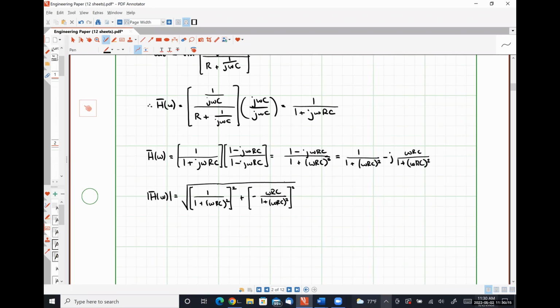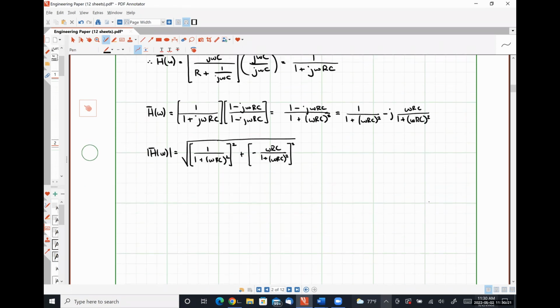Let's go through an algebraic step or two here and see what's going to fall out of this, right?